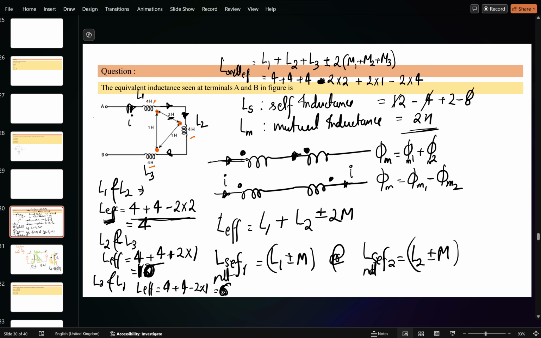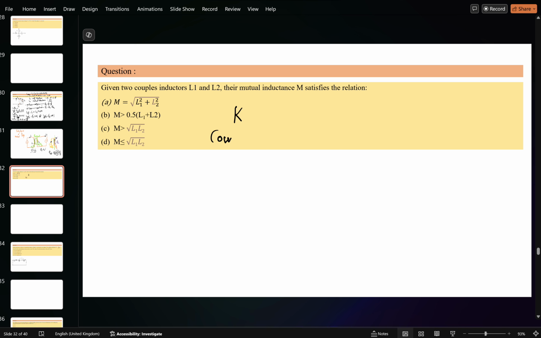Let's move to the other problem. See from here, there is one term called magnetic coupling. It means how much the two circuits are coupled, how the linkage of mutual fluxes is between the two inductances.